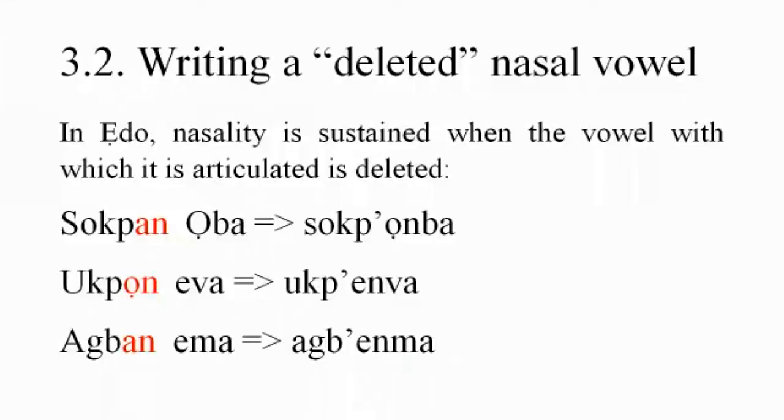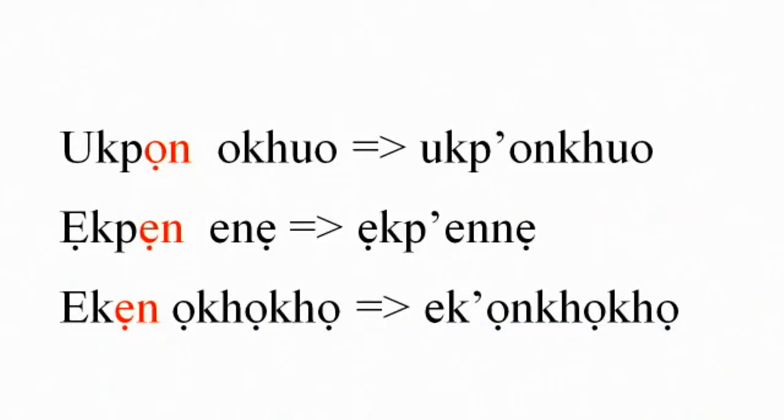So the A is now the one bearing the nasal feature. So you have other examples there. Upon, opo, upongo, epe, ene, epene. You have a pen or foko, a confoko.